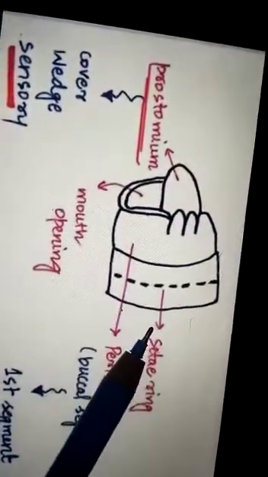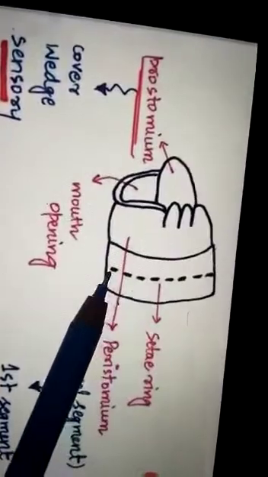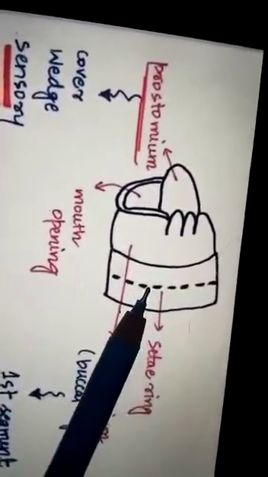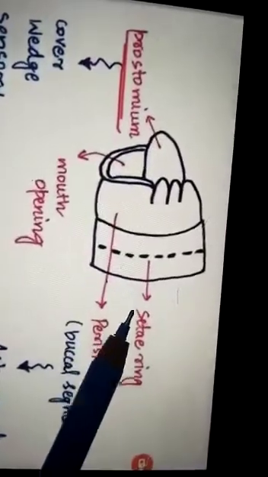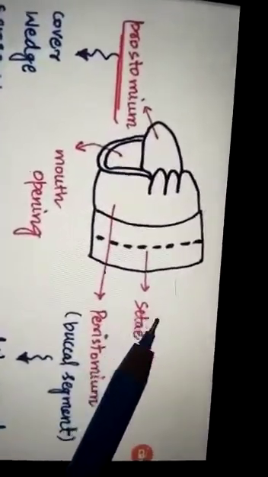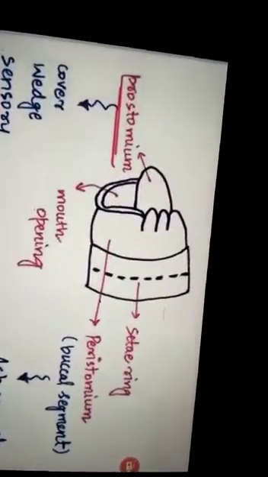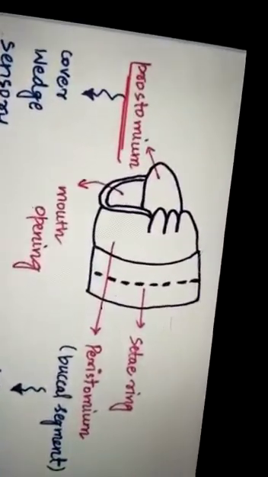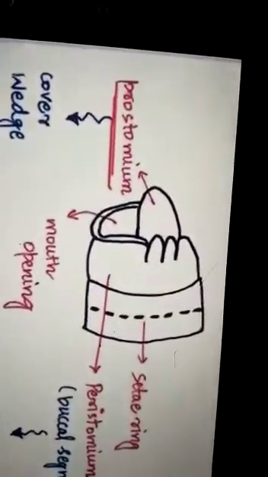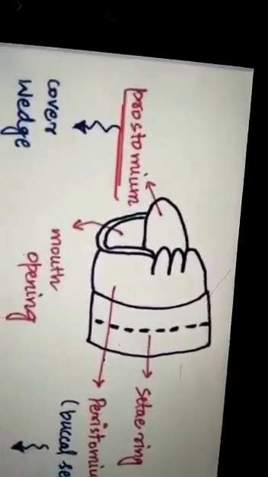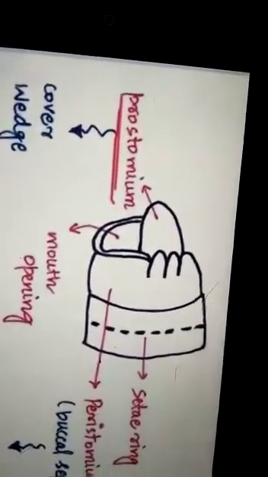After the first segment there is a line present. The line is known as a setal ring. This line is present on every segment of the earthworm body except the first, the last and the clitellum.